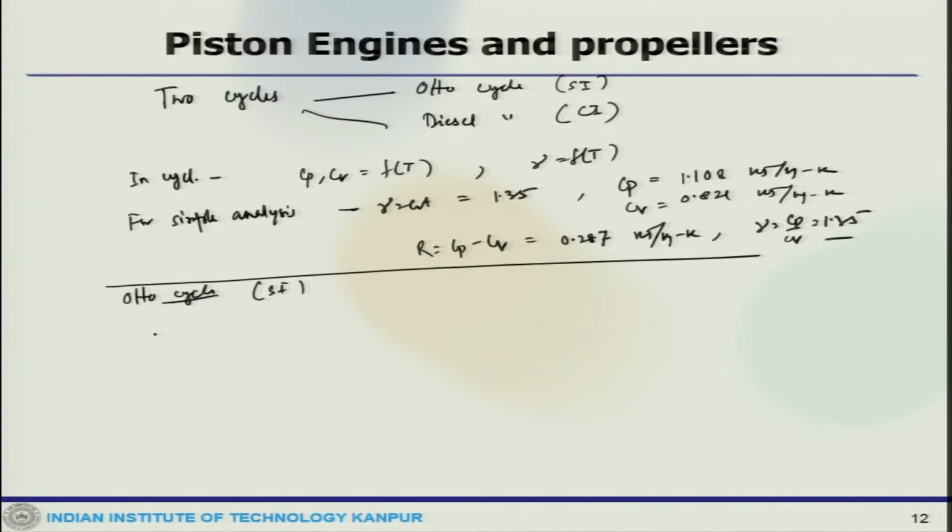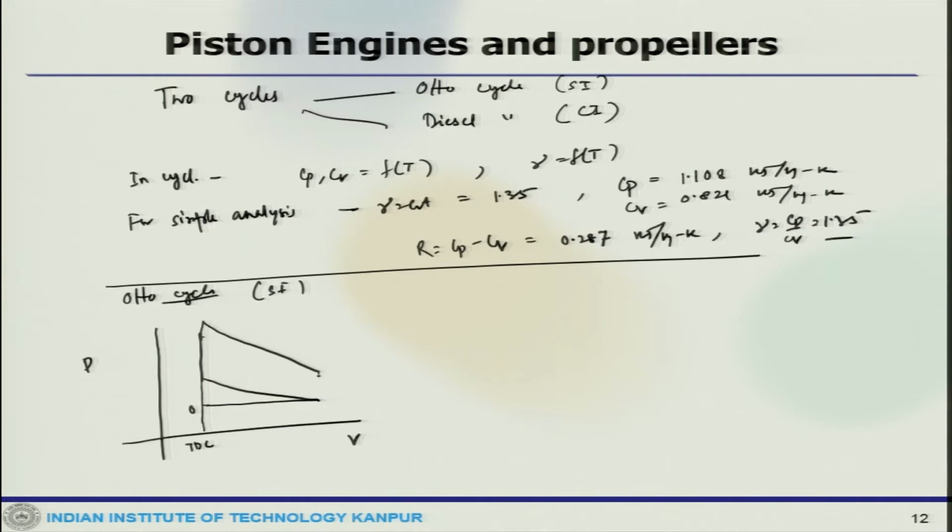So, the typical PV diagram. Let us say this is the state from where it goes here, that is state 0 or TDC. Then from here it goes like this, then this, then like this, and comes like that.